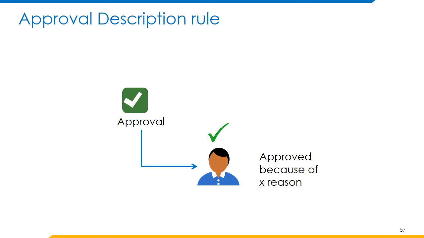Approval description is a comment kind of thing describing why this approval decision has happened. The input variables to this rule are similar to inputs to any other workflow rule. The output expected is a string describing why this approval decision has been taken.